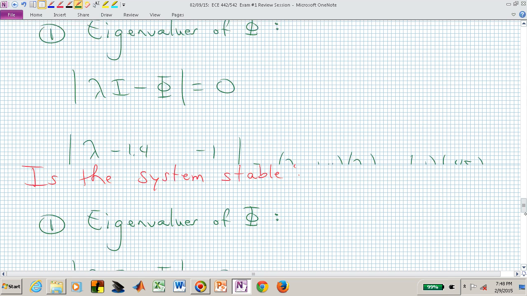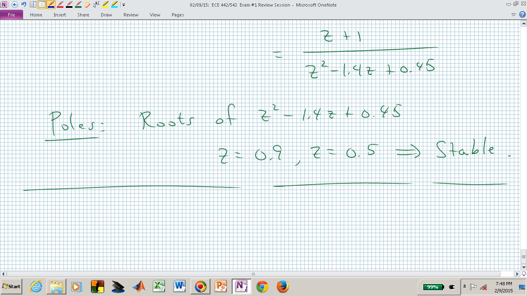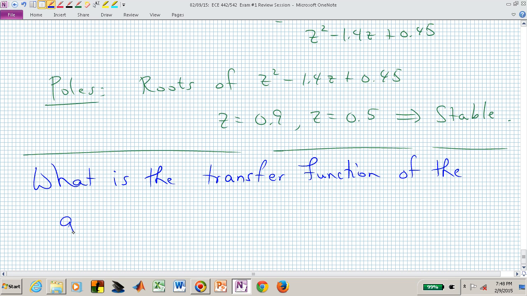What is the transfer function of the given state space representation?